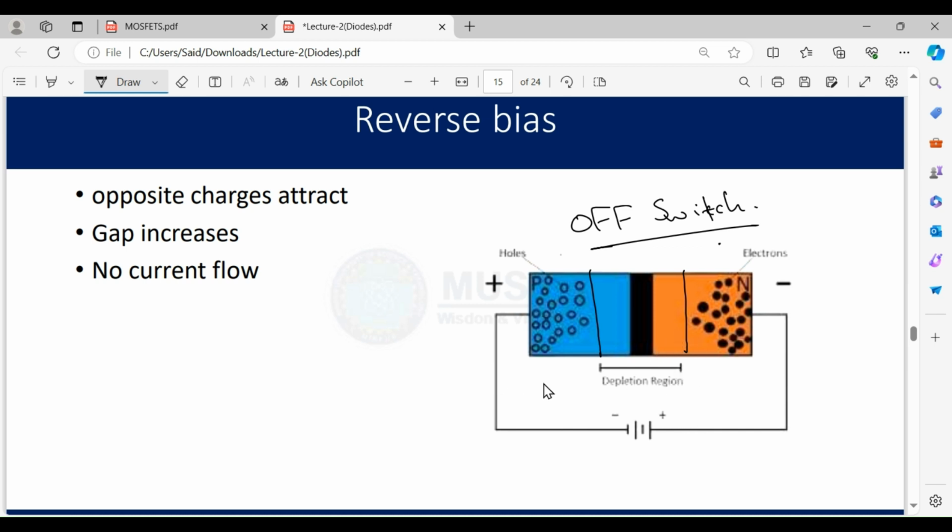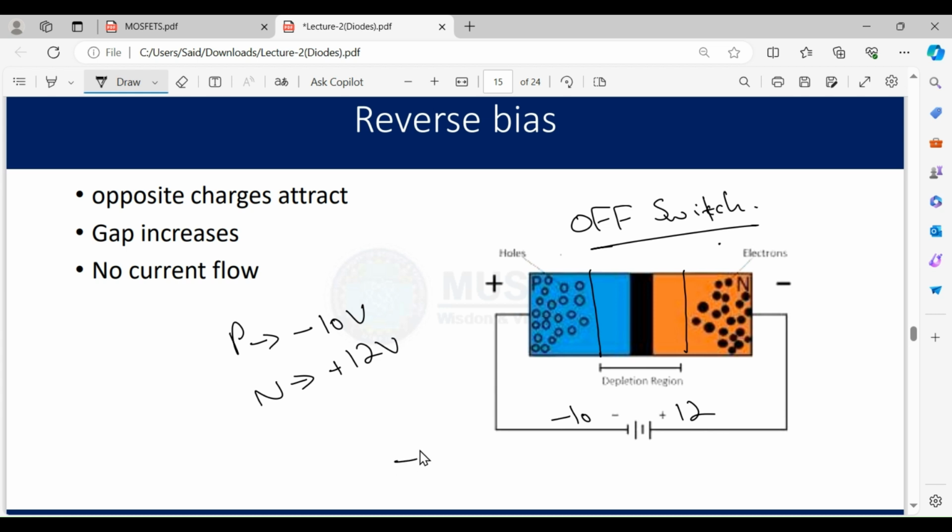If we apply voltages just like that, if we apply negative 10 volts on the p material and positive 12 volts on the n side, let's say this is minus 10 and this is positive 12.